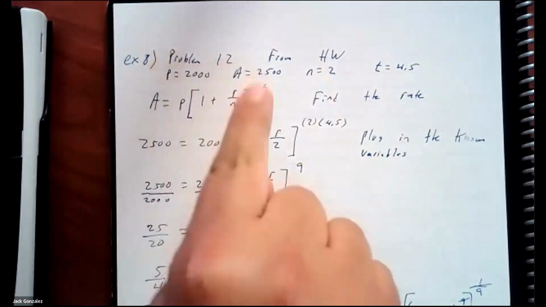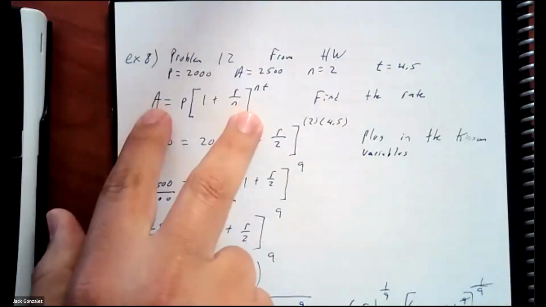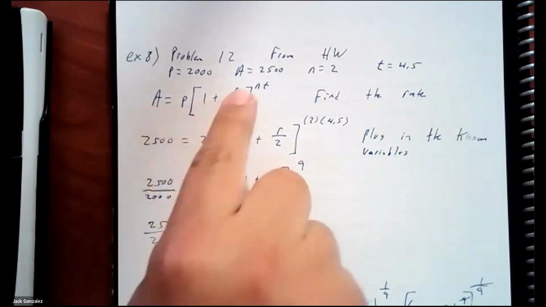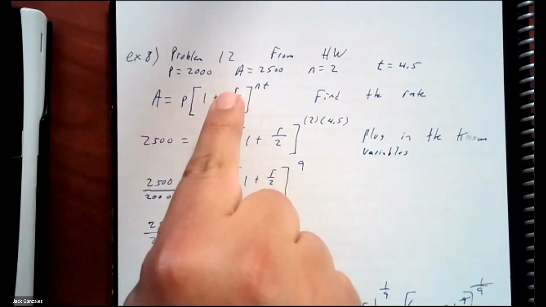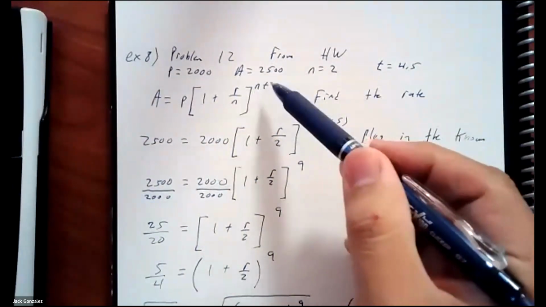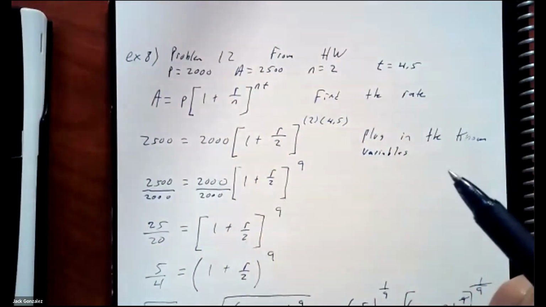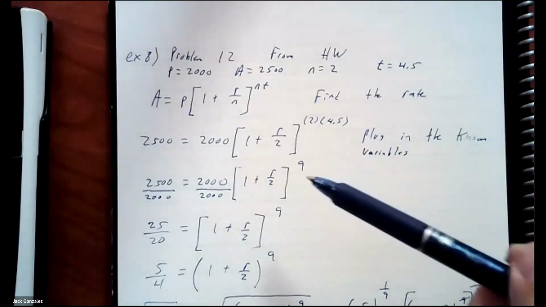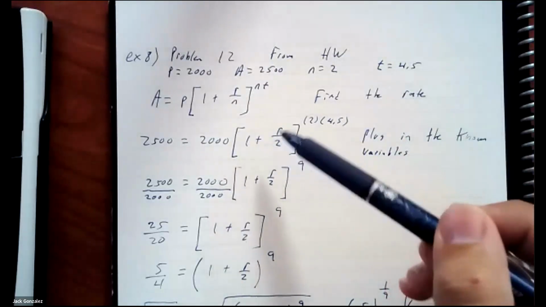So I just wrote down the info. They gave us this formula and said, what is the rate? So I have to solve for R, which is inside. The only way I can cancel this power is to use a root or use logarithms. So I chose to use a logarithm because I can just isolate this piece.